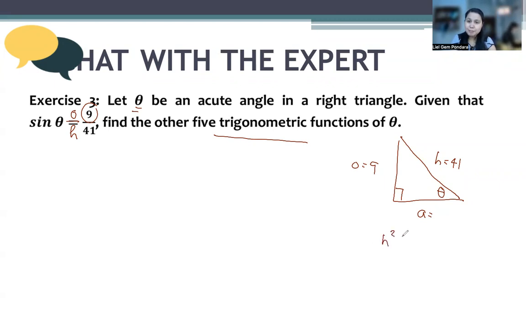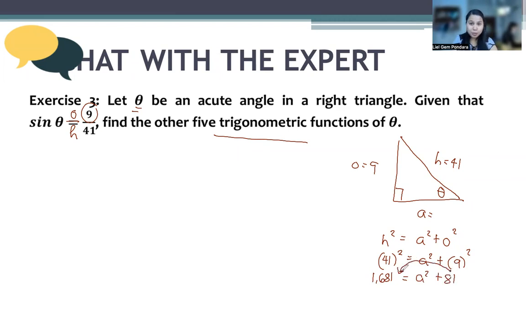Before we can solve for the other 5, we need to solve first for the adjacent side. Remember, the square of the hypotenuse is equal to the sum of the squares of both sides. So we have 41 squared equals a squared plus 9 squared. 41 squared is 1,681, equals a squared plus 81.